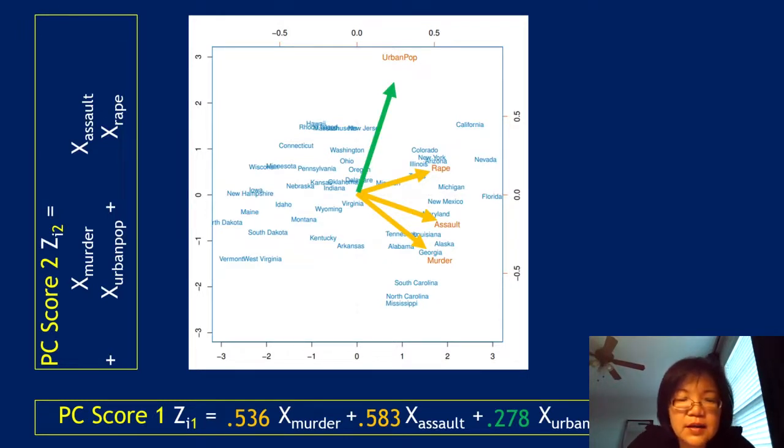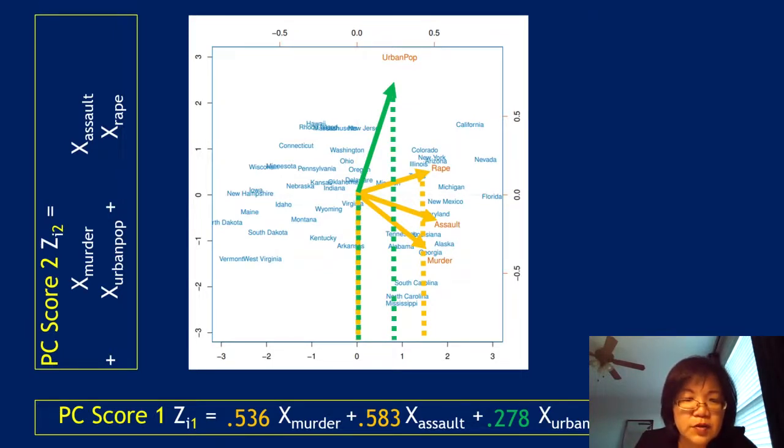So you can see that the murder, assault, and rape loadings are pretty similar to each other. They're all pretty strong. Urban pop, on the other hand, is a lot smaller. You can visualize this by looking at the size of the vectors. The green vector for urban population is a lot smaller.